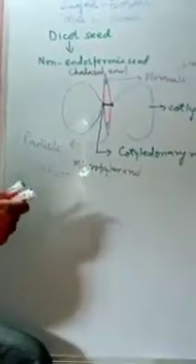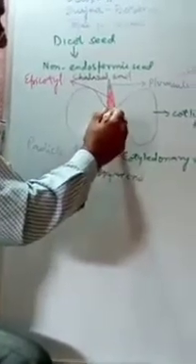Now there are two more parts in this. The part between the cotyledonary node and the plumule is called the epicotyl, and the part between the radicle and the cotyledonary node is called the hypocotyl.